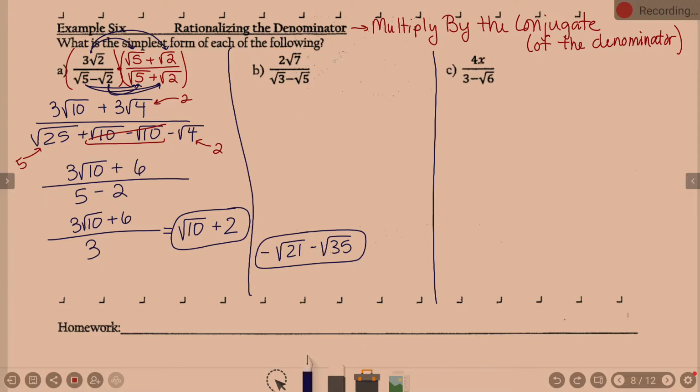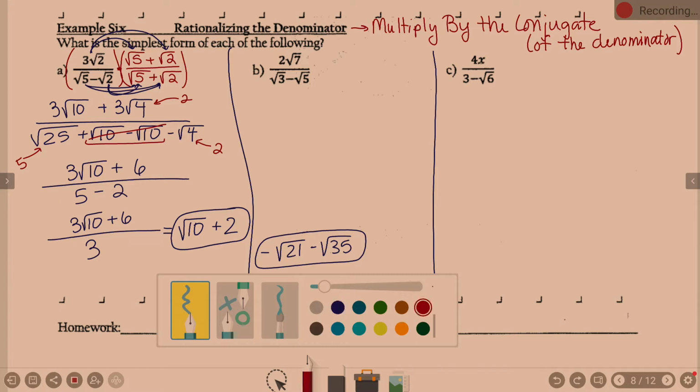Okay. C, notice what I have in the denominator. I have a square root. I can't leave square roots in the denominator. So how do I get rid of this square root in the denominator? Multiply it by the conjugate. Okay. We're going to multiply by the conjugate.